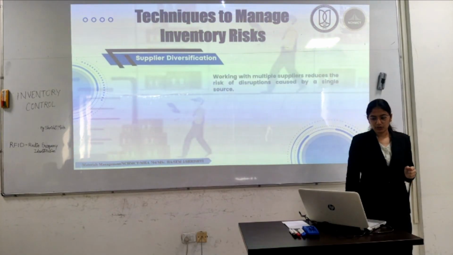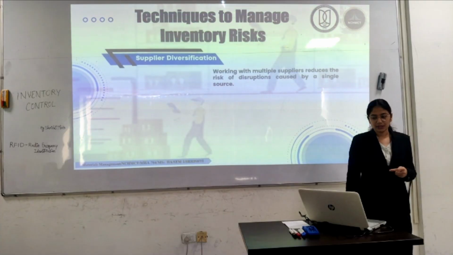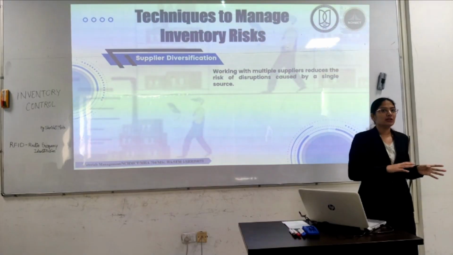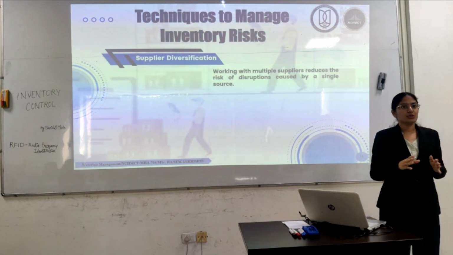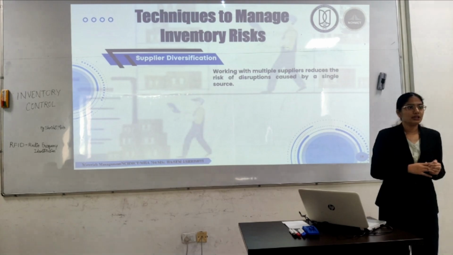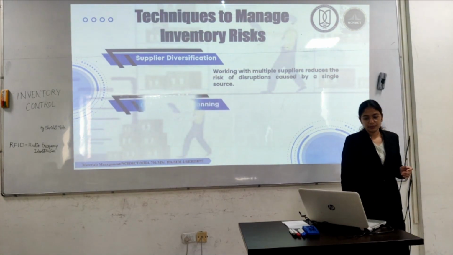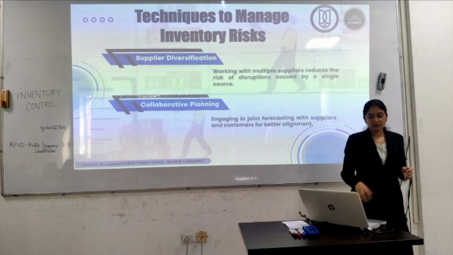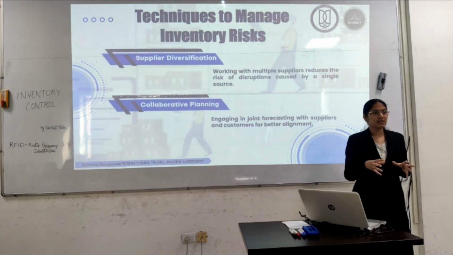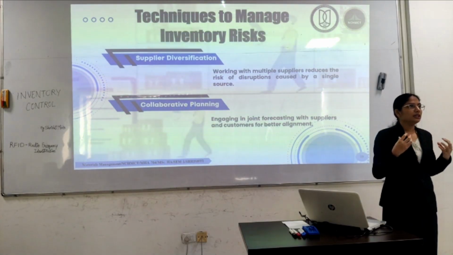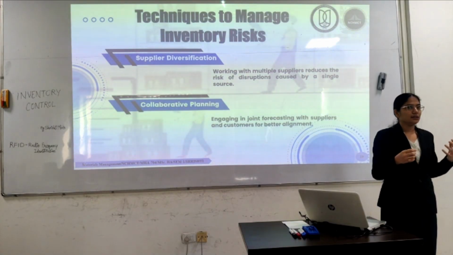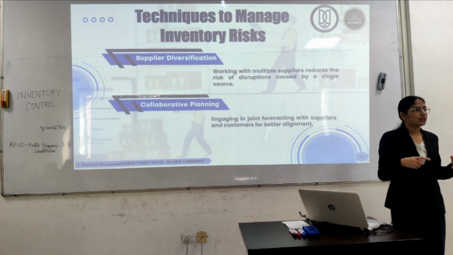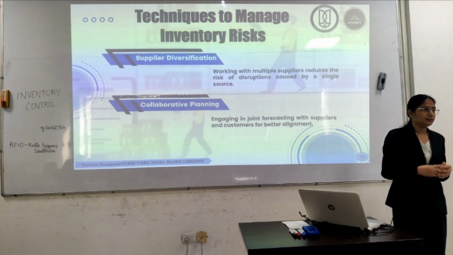There is also supplier diversification, like I told earlier, having connections with multiple suppliers, so it reduces discrepancies. Collaborative planning, where joint forecasting is done with the hotel manager and the suppliers, so that customers' needs can be aligned properly.